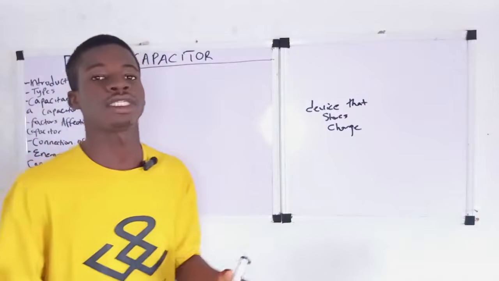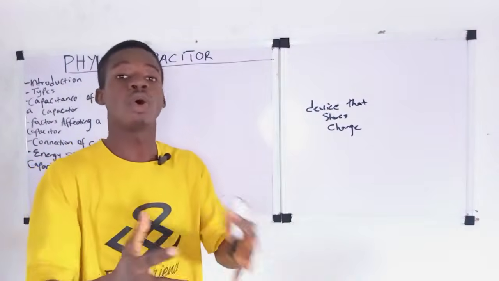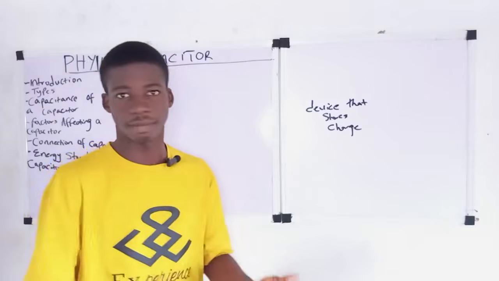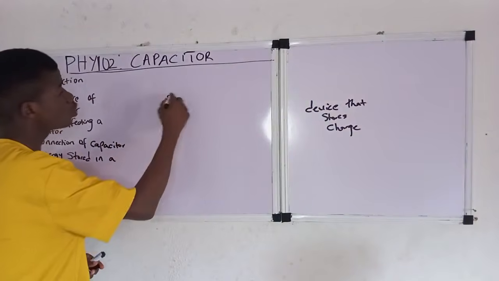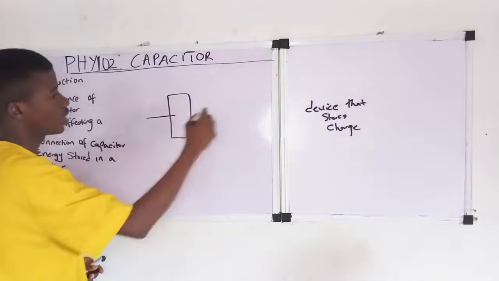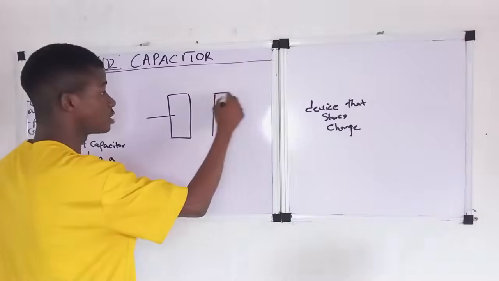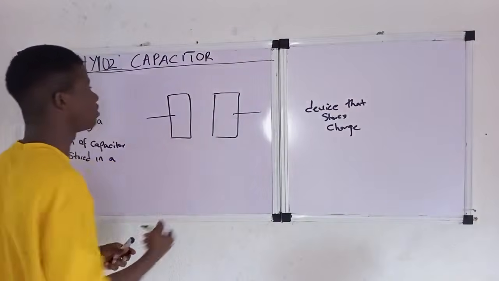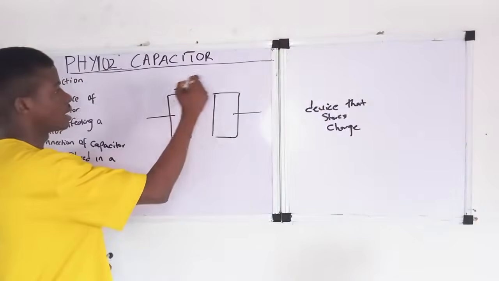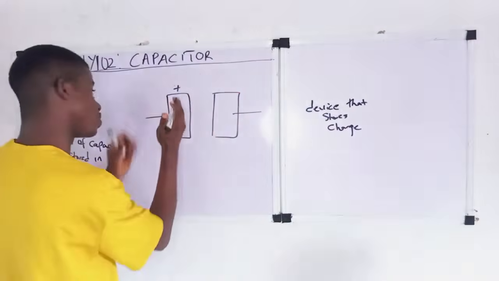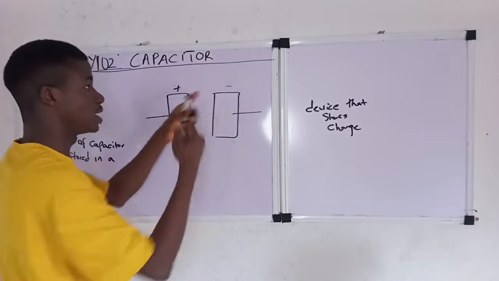Now let's talk about the structure, or the components, of a capacitor. A capacitor is made up of two metal plates. This can be the positive plate, and this is the negative plate.